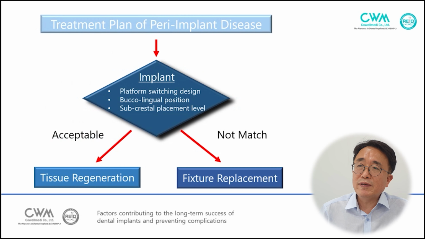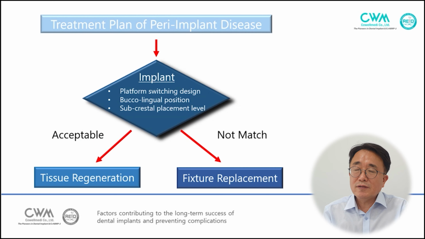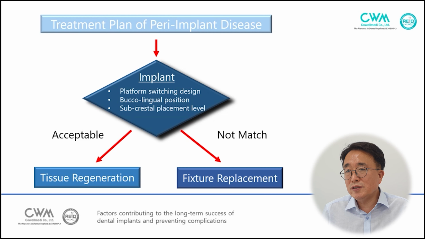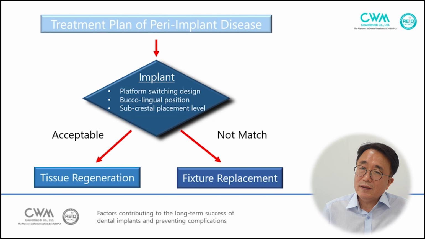Treatment plan of peri-implant disease: first, we have to distinguish whether this implant has a platform switching design, and whether the buccal-lingual position and subcrestal placement level are acceptable for tissue regeneration. If not matched, fixture replacement is decided.